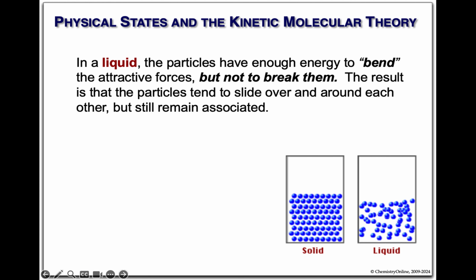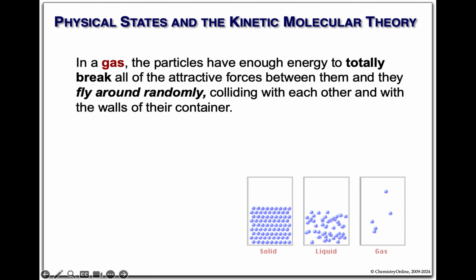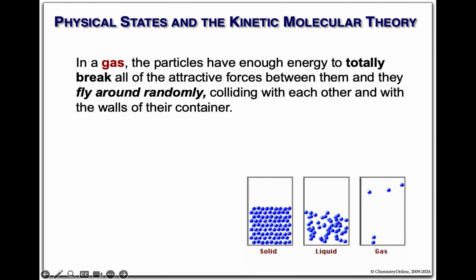If we take our liquid and we put more energy in, then we get a gas. Here we have totally broken all the intermolecular forces, and these things just fly around merrily. Lots of space in between everything, moving very rapidly, solid, liquid, and gas. Any questions?